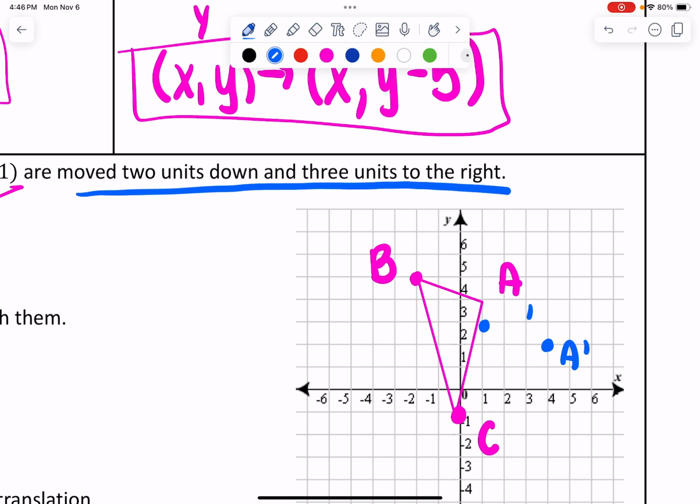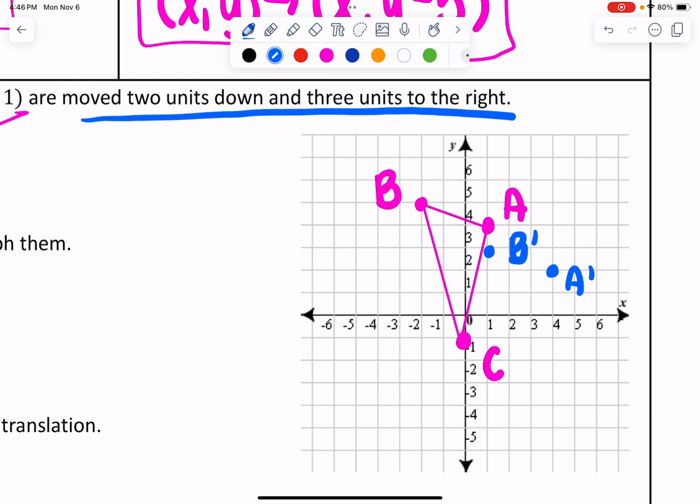And then finally for C, you would be moving it 1, 2, 3 to the right, and down 2, you'd be this point down here. And then just connect the dots. So if you notice, neither the size nor the shape changes. You should not have a size or shape change.